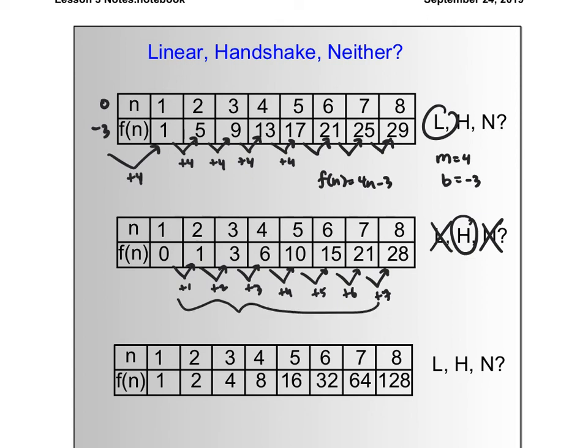That we're starting at a change of 1 and increasing by a change of then 2, then 3, then 4, then 5, etc. Now, the other key, other than this pattern of change, is that the first term, when n equals 1, f of n equals 0. This is critical in order to have the handshake formula apply. Thus, the formula used would be f of n equals n times n minus 1 divided by 2.